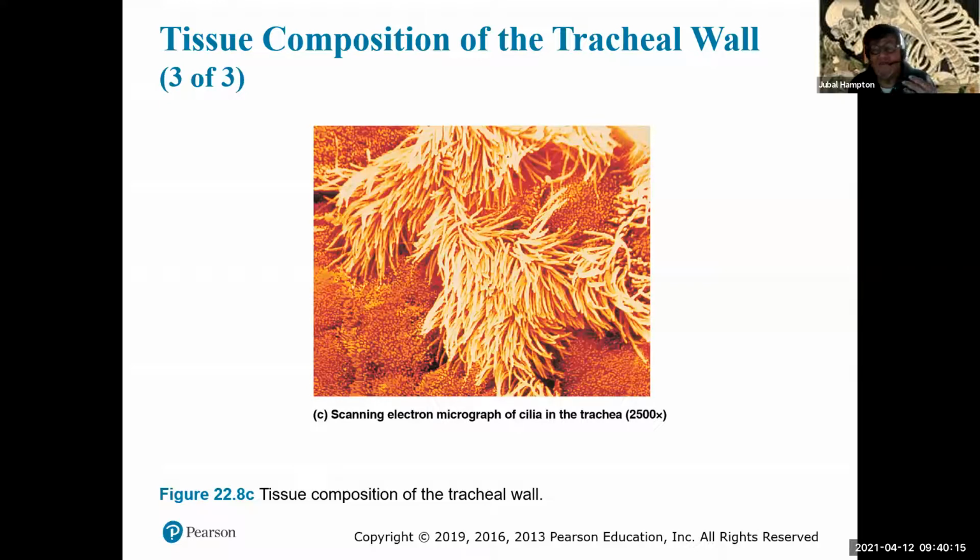Now, your body is smart because it's like, gee, I'm getting traumatized here. What am I going to do to protect myself? So, your body replaces the tissue. It will replace the pseudostratified ciliated columnar epithelium with stratified squamous epithelium, parakeratinized.